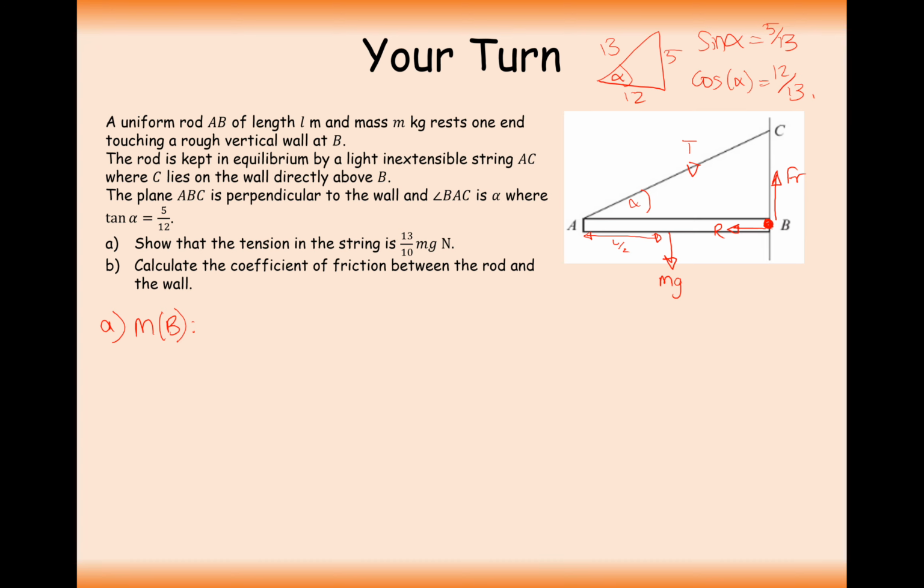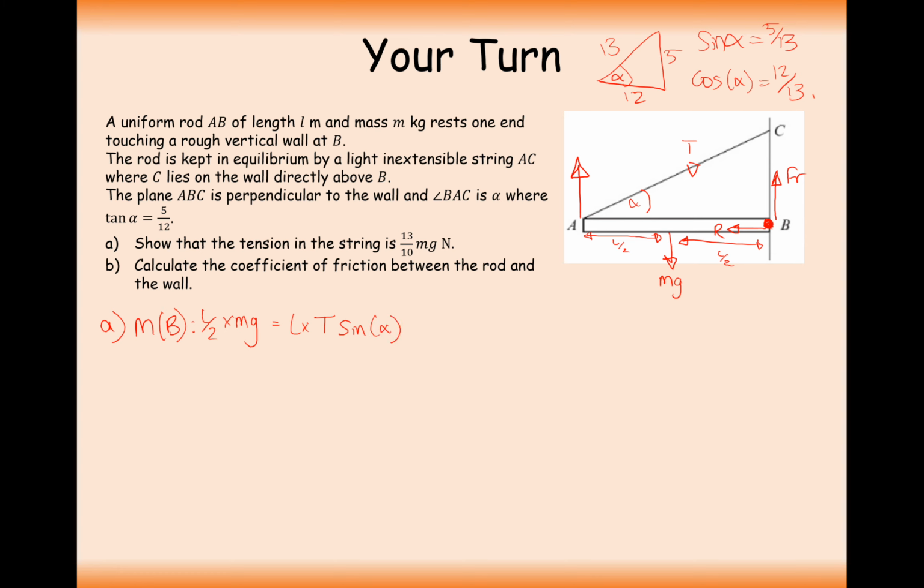So the first thing we're going to do is work out the anti-clockwise moments and the clockwise moments. So we're going to have L/2 times mg, going in the anti-clockwise direction, and we're going to have that equal to L times T, and we want this component of it here, so that's T sine alpha.